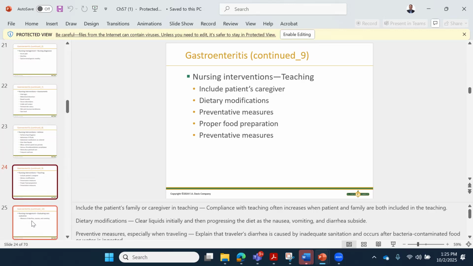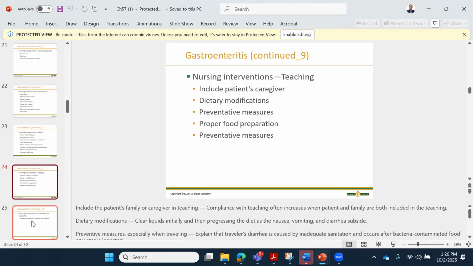As it relates to other nursing interventions, they have those listed. It's going to be important that dietary modifications take place. It's going to be important that the patient is educated about proper food preparation and preventative measures. And always remember when you're answering these types of questions that nurses never delegate education.